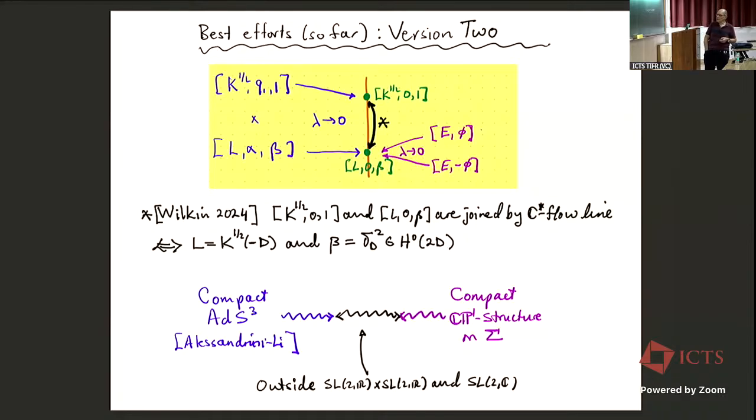So if you make your choices so that these conditions are satisfied, then you do have a flow line from there to there. That would join up the path that we constructed here and the path that we constructed there. The only fly in the ointment here is that this path is somewhat special, but it's not in either of the spaces corresponding to the geometries that we were targeting. So I don't know what it means, but at least it's a pretty path.